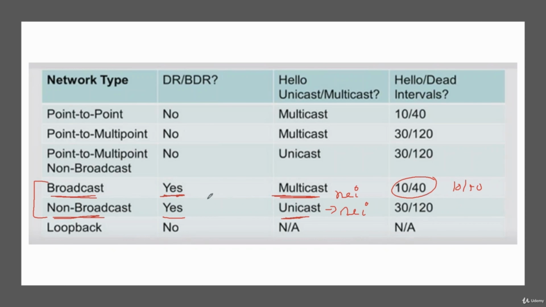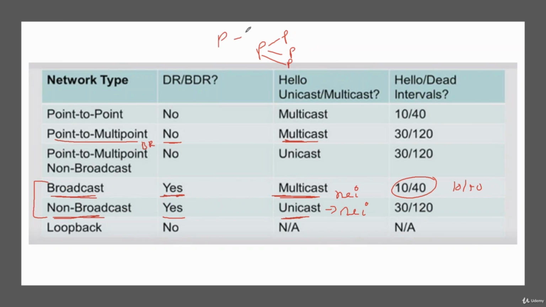Correct? Now, the same concept we can use here. Here you can see point to multipoint. You can think this is point to multipoint broadcast, so that's why it uses multicast hello. They will not form the DR/BDR because again it's point to point, and you have so many points in point to multipoint.